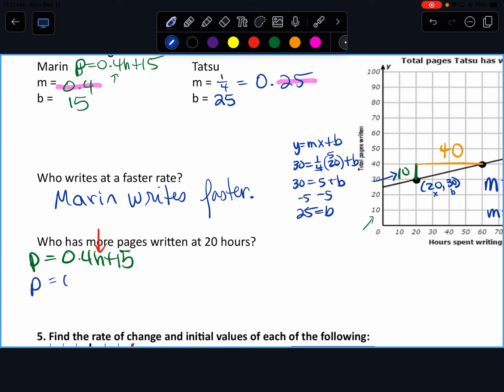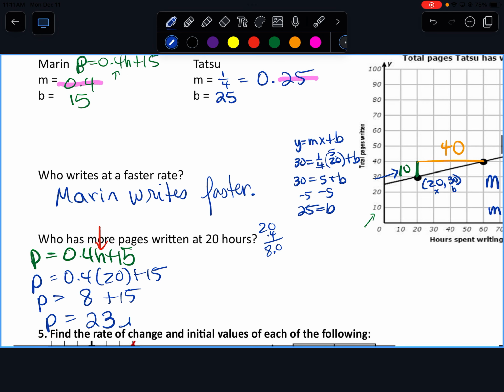So P equals 0.5 times 20 plus 15. 20 times 0.5, that would get 10. Very good. Plus 15, so that's going to get 25 pages.